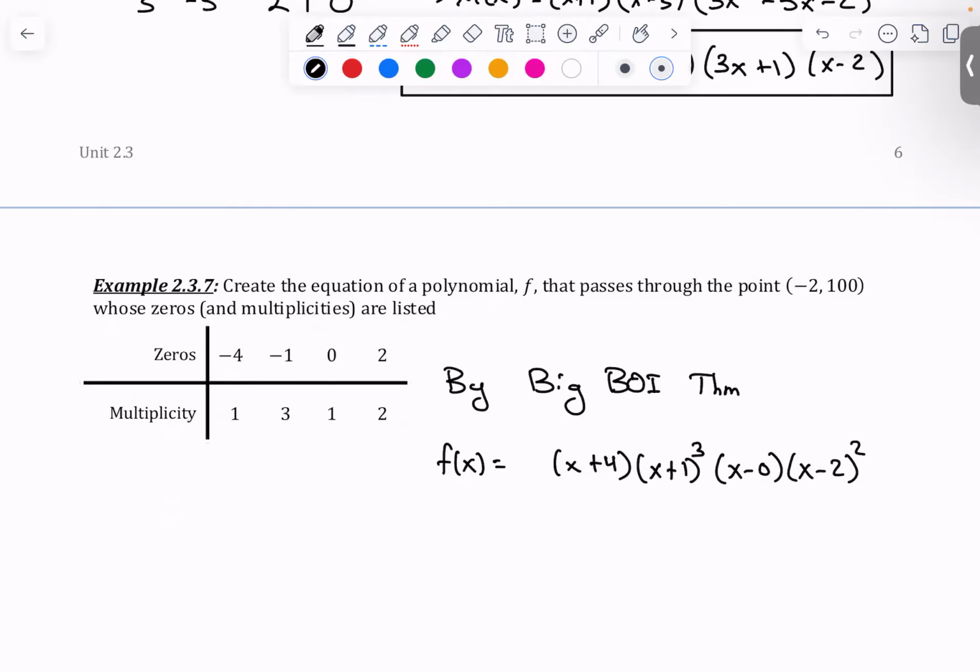Make sure you left that space in front of the x plus 4, though, for a reason.